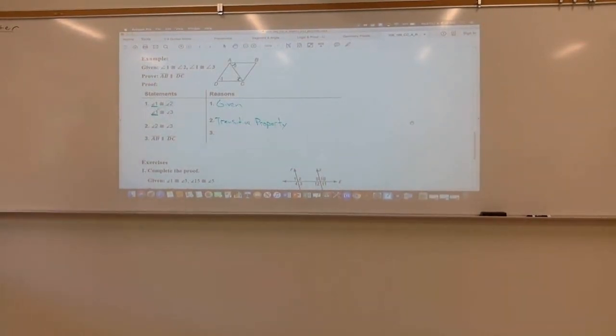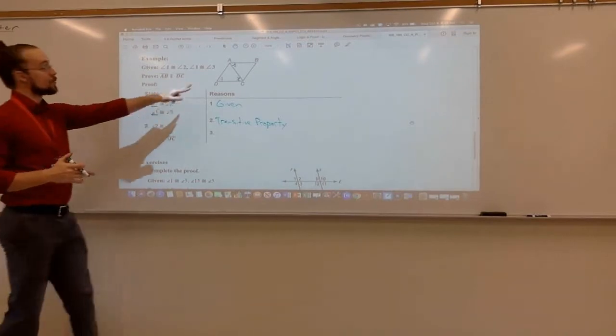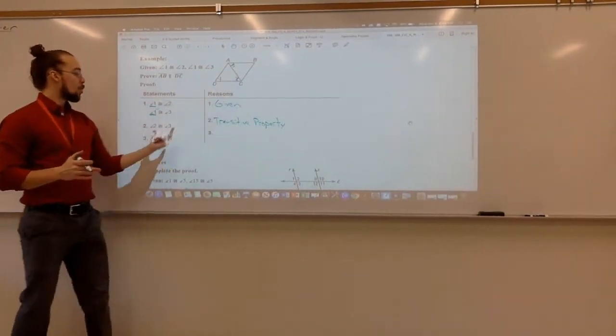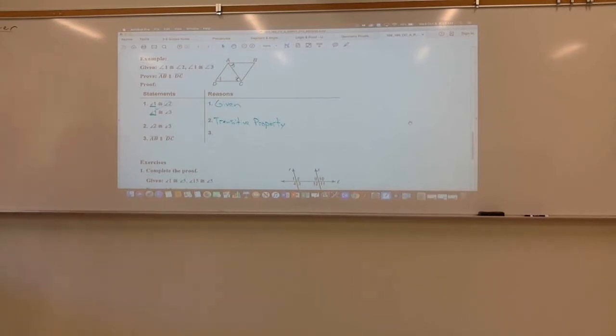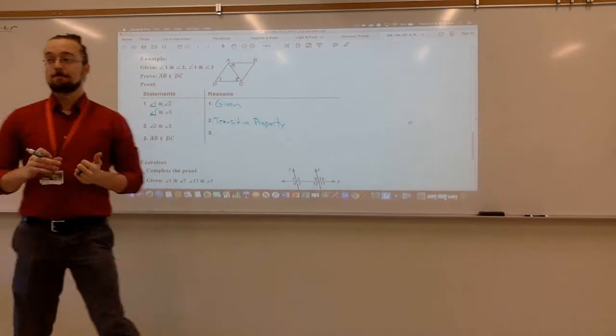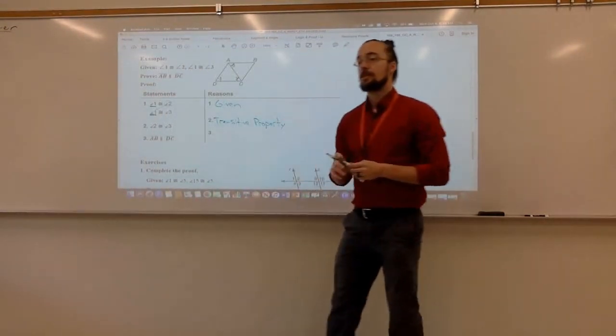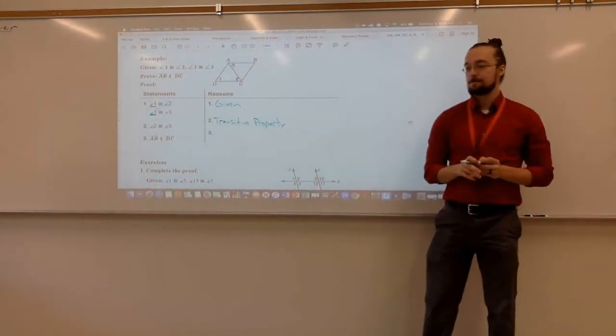So now, if I know that angles 2 and 3 are congruent, why can I claim that those two lines are parallel? So this is the new idea now. Okay.